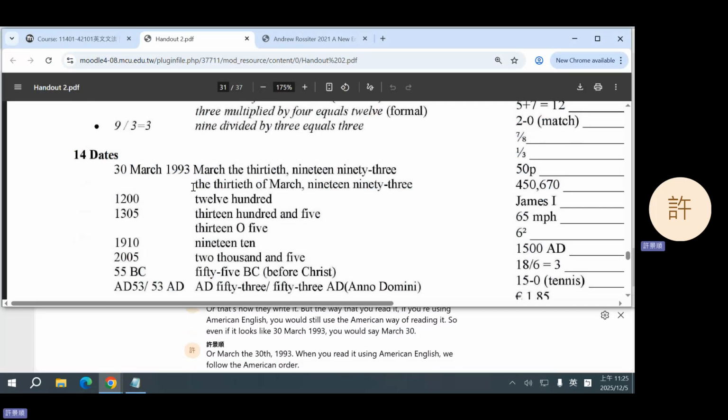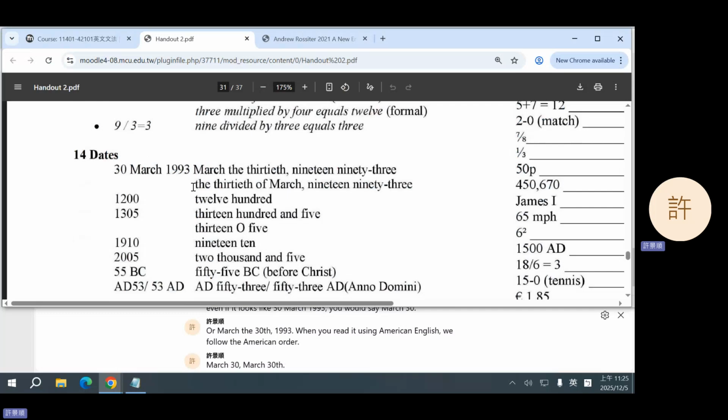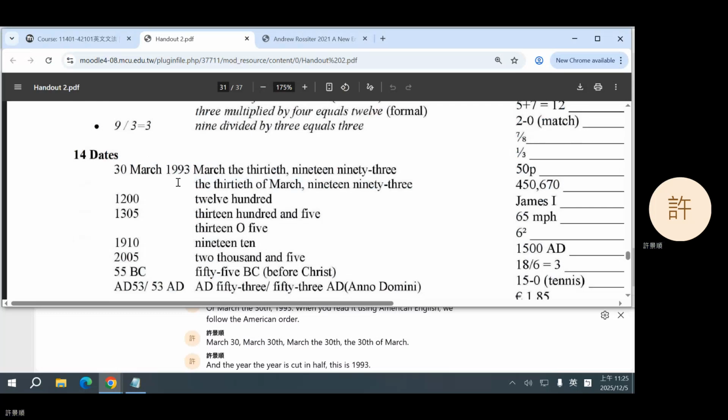March 30, March 30th, March the 30th of March, and the year. The year is cut in half. This is 1993. This is 1305. This is 1910.